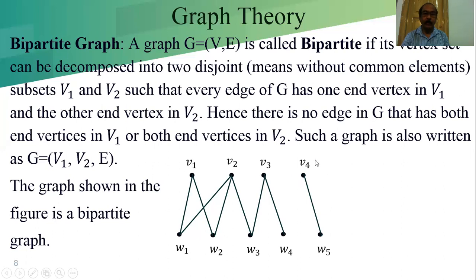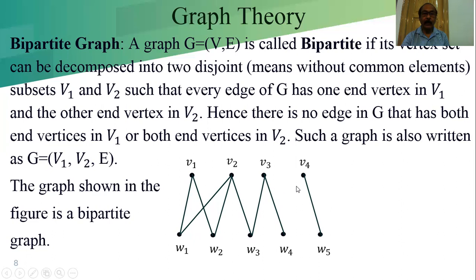V1, V2, V3, V4 is one vertex set, and W1, W2, W3, W4, W5 is another vertex set. Each edge connects a vertex in the first set to one in the other, like V1-W1, V2-W1, V2-W2, V2-W3, V1-W2, like that.